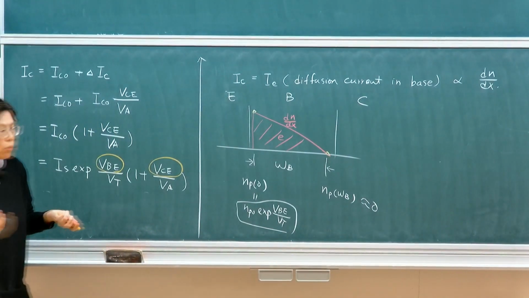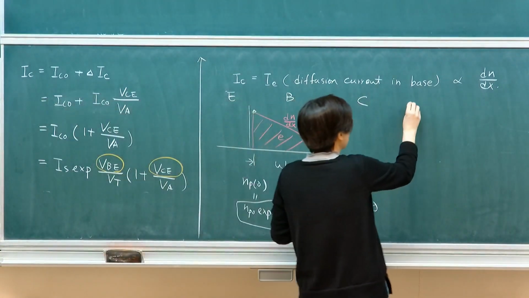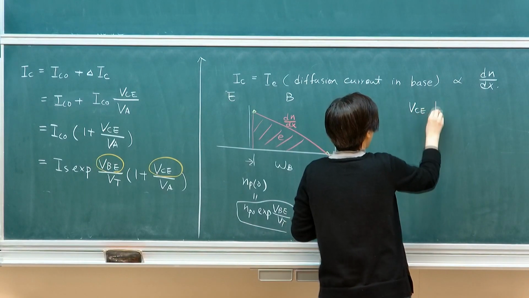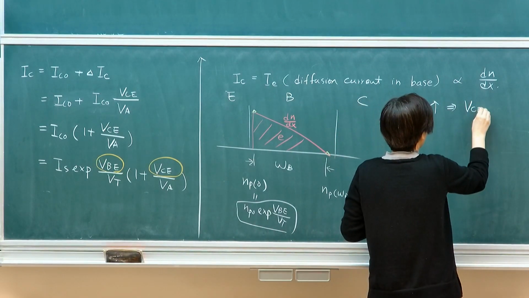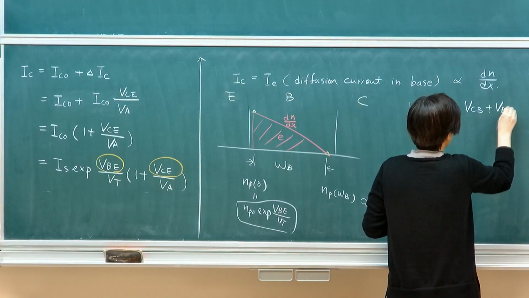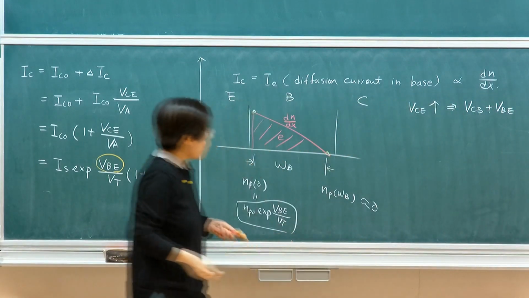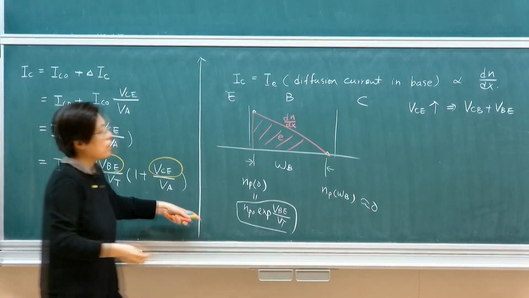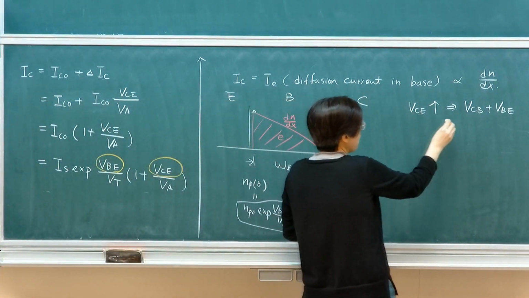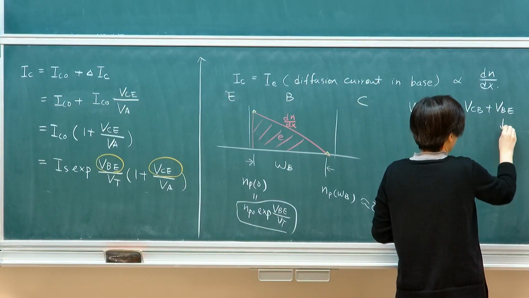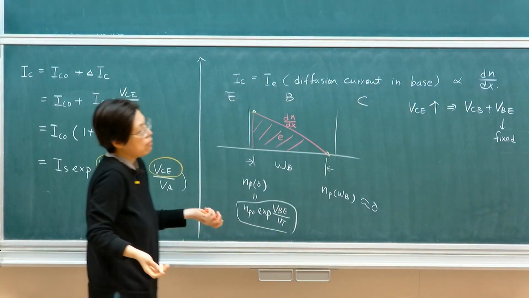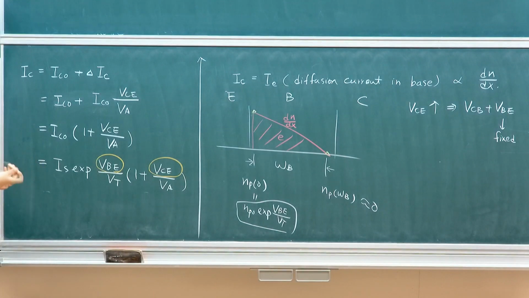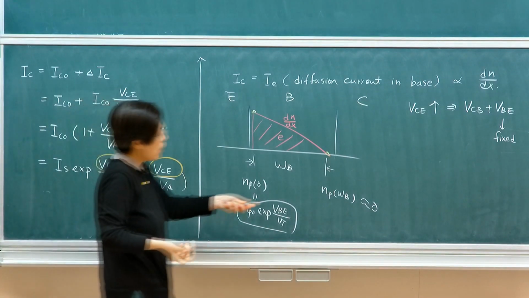And when you apply more reverse bias, for example, if I'm increasing VCE, what is VCE? VCE is VCB plus VBE. So I know that if my VBE is fixed, then with the increase of VCE, this is fixed, right? I'm assuming my base is fixed at, for example, the turn-on voltage, maybe 0.8 volt.